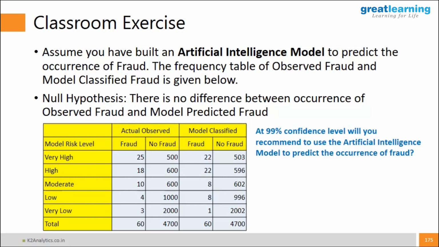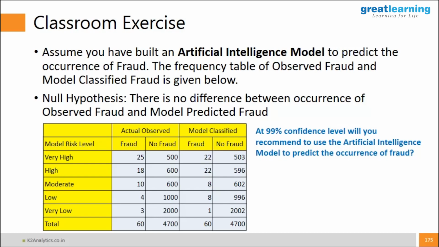Yes. Now here, if I apply a chi-square, I'll have on one side the model output, malignant, benign, and the actual output, malignant, benign.